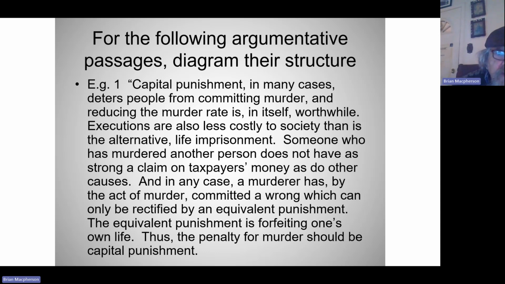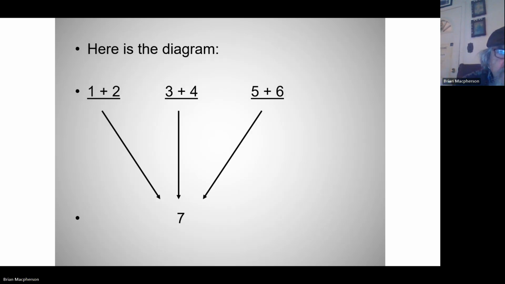A second consideration is that it's less costly to society. And a third consideration is that capital punishment is equivalent to what the criminal did, namely taking someone's life. So those are all 3 separate considerations for capital punishment. And so that gives rise to the diagram on the following slide. 1 and 2 together support 7.